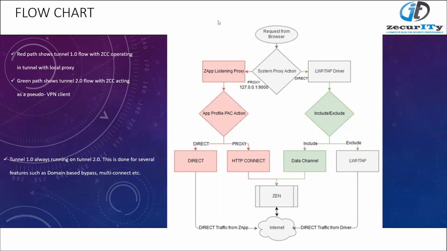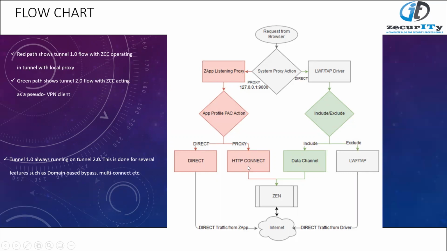When traffic is hitting from a browser, the system proxy will take action. The system proxy will decide whether to send my traffic to Zscaler Client Connector to process it, or send it direct. Once the traffic gets into the app profile PAC file, it will look at whether there is a direct statement or a proxy statement.